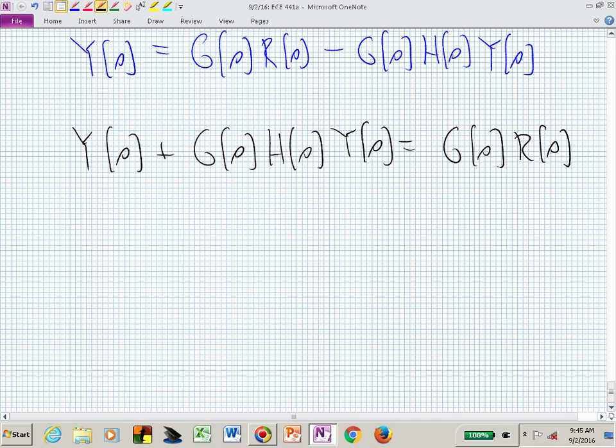So far, I haven't had to make any kind of assumption on what these Y's and R's and E's were in terms of signals. Were they vectors or were they scalar signals? Let's assume right now that we just have one input, R of S is a scalar, and one output, Y of S is a scalar. Assume single input and single output.